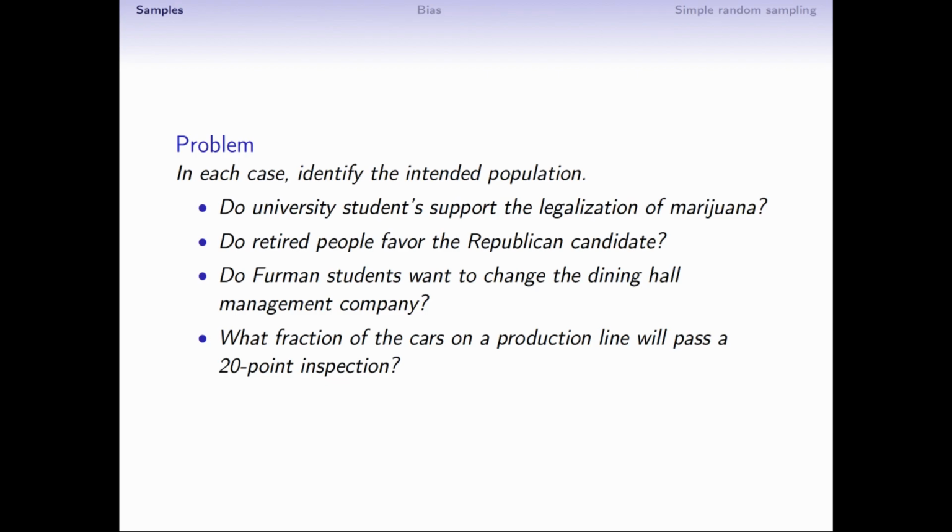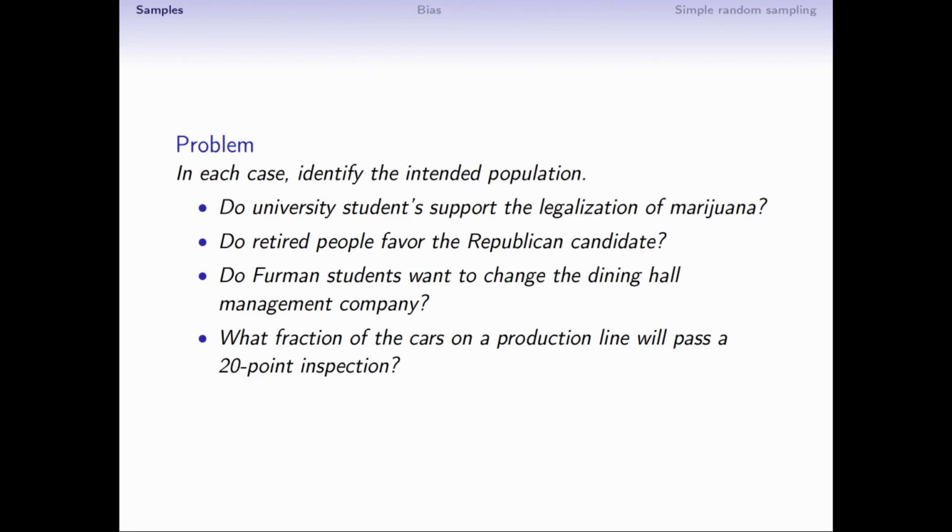What fraction of the cars on a production line will pass a 20-point inspection? Now, this example is a little different than the other ones because there's a hypothetical quality to this example. When we're thinking about the cars on the production line, it's not simply the cars that are currently on the production line and whether or not they will pass the 20-point inspection.